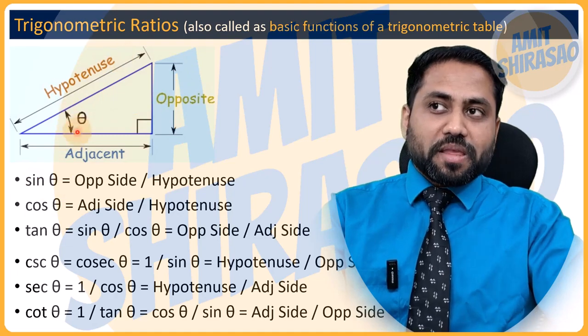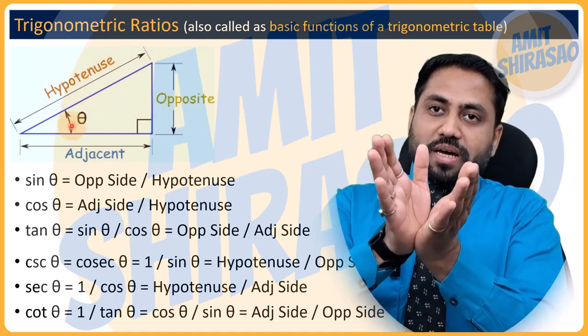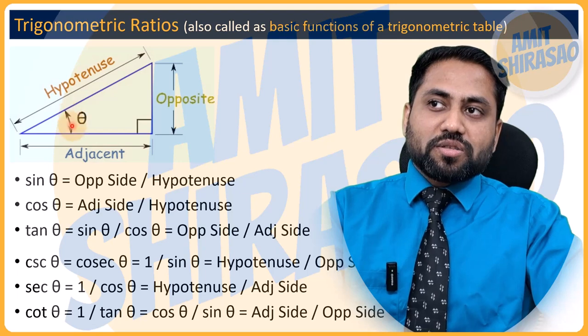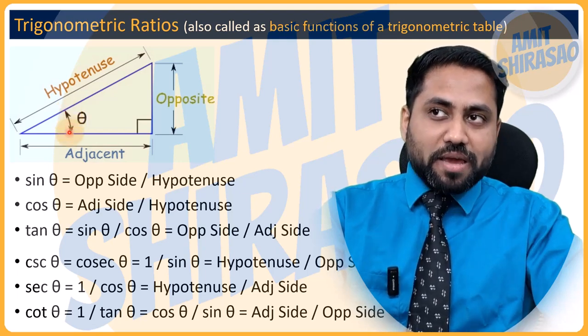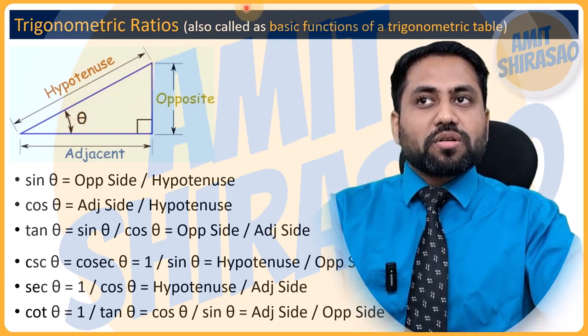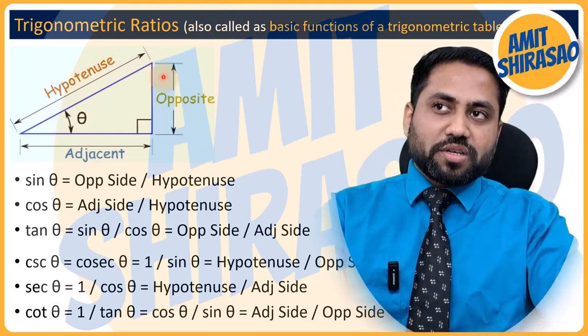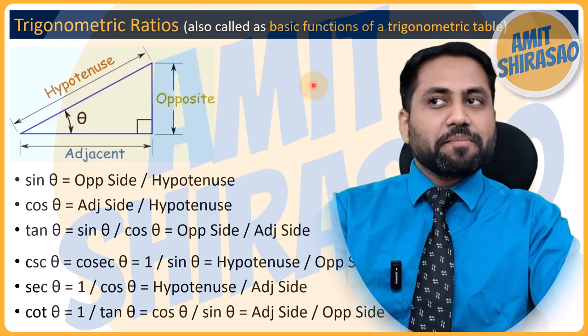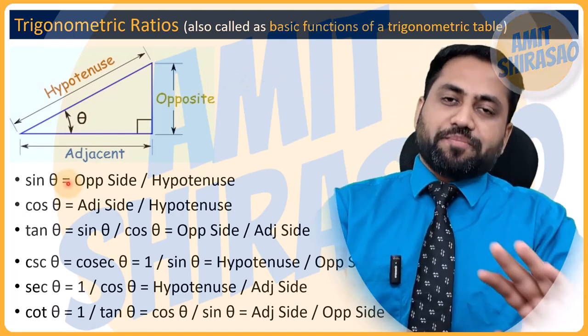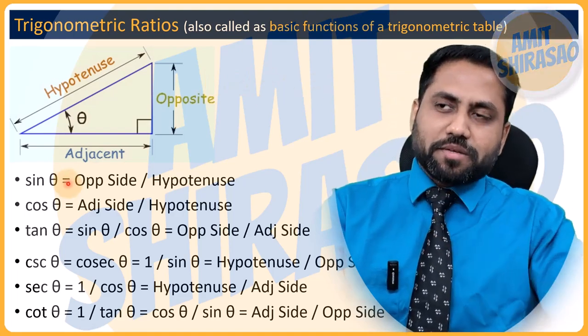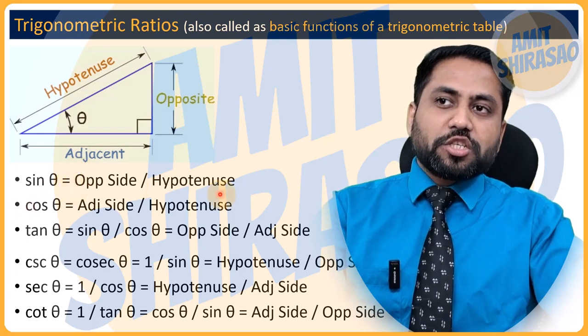It depends upon this angle. So as long as you keep this angle the same, no matter how long you stretch this perpendicular, moving it towards the right, sine of theta will remain the same. Okay, so this is the whole concept. That's why it's given in terms of ratios.